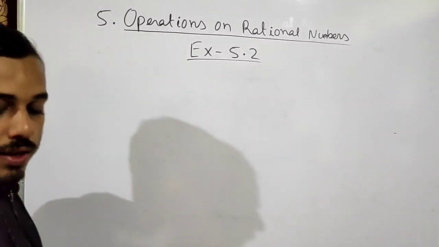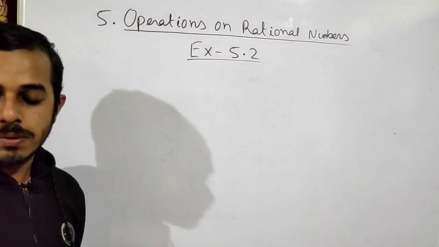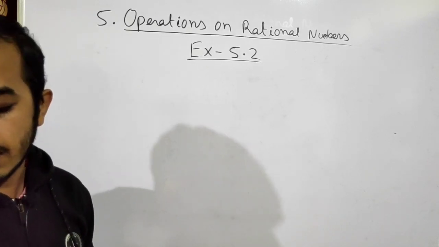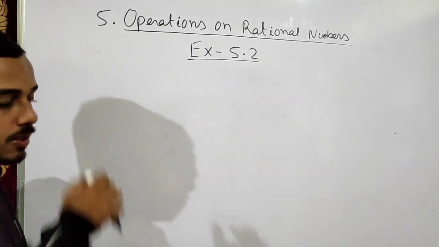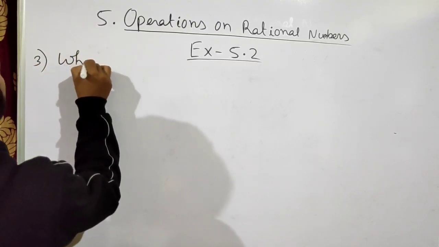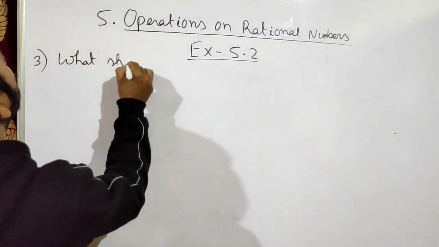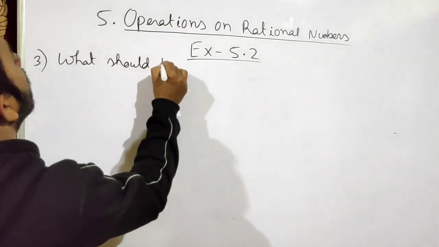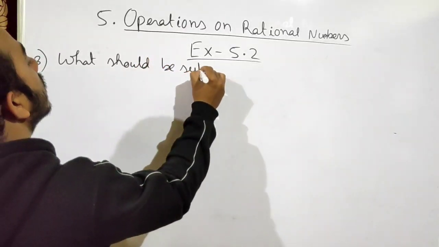Okay, exercise 5.2. What should be subtracted from minus 3 by 2 to get? So let's write the question. What should be subtracted?